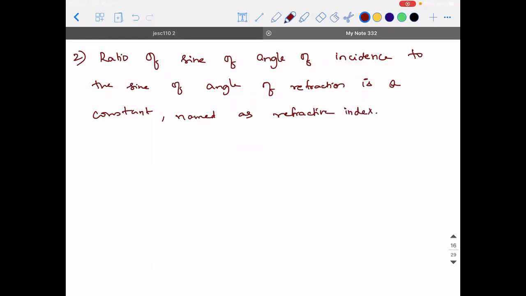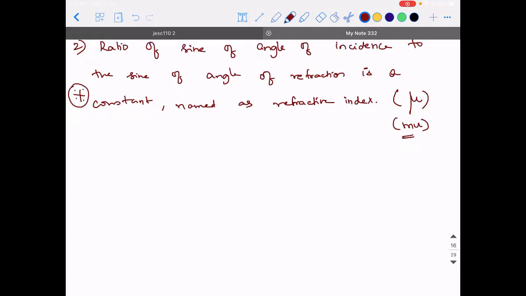The symbol used for refractive index is like this: you put a line like this and a u. It is generally pronounced as mu, because it's a combination of m and u, and moreover it's a Greek letter. This is a very, very important point. Please make a note of it. The ratio of sine of angle of incidence to the sine of angle of refraction is always a constant, and the constant is named as refractive index.